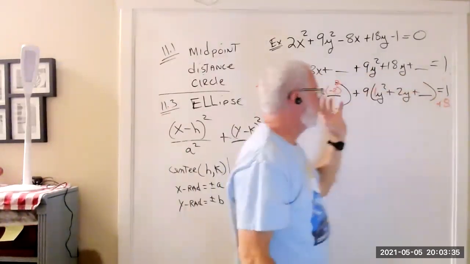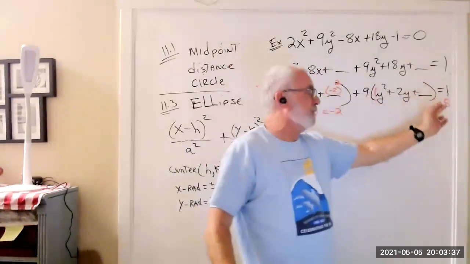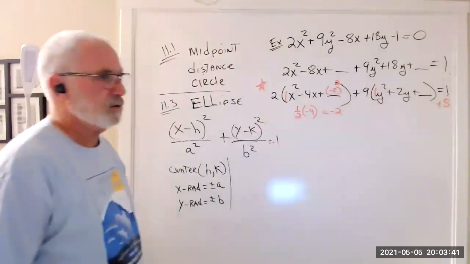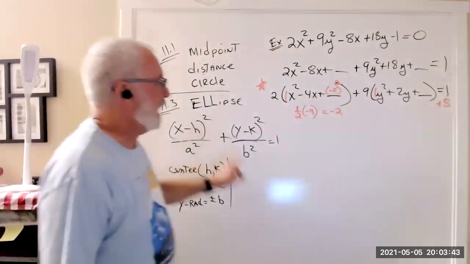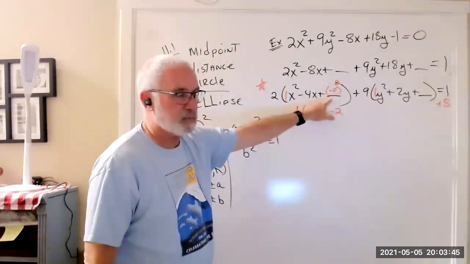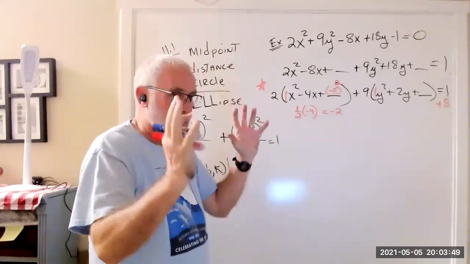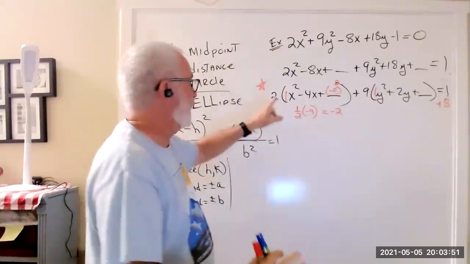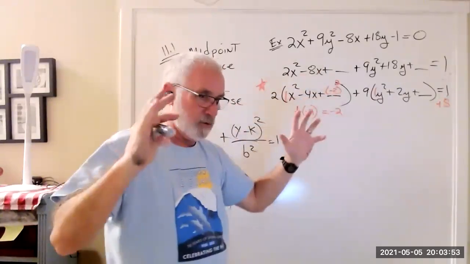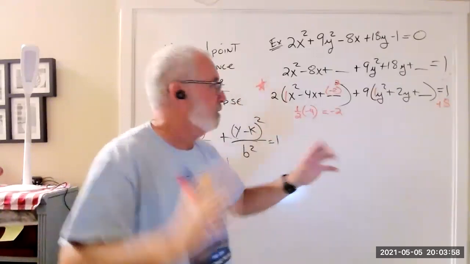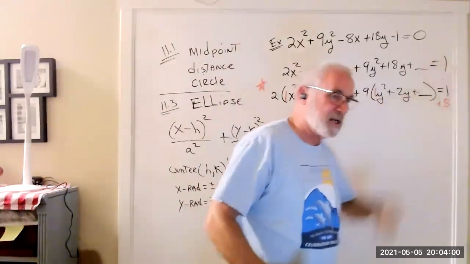I've added 8 to the one side, so I have to add 8 to the other side. Think about that. I added 4 inside the parentheses, thinking small, but in context of the whole problem, I've actually added 2 times 4, thinking bigger. So I've added 8. So I have to add 8 to the other side to keep it balanced.